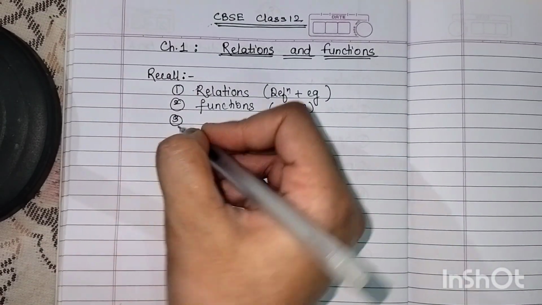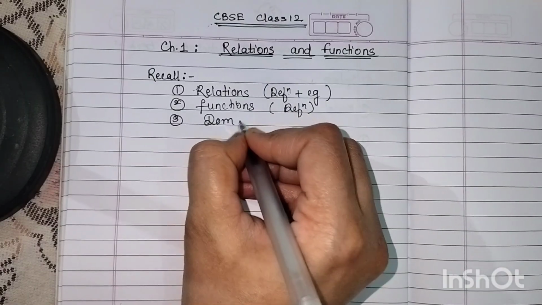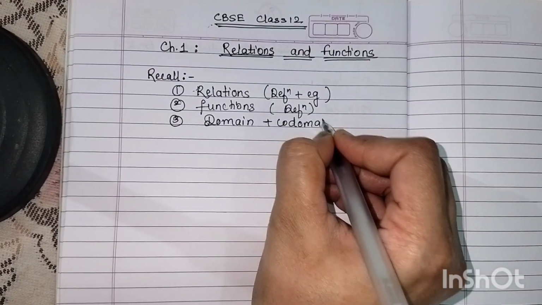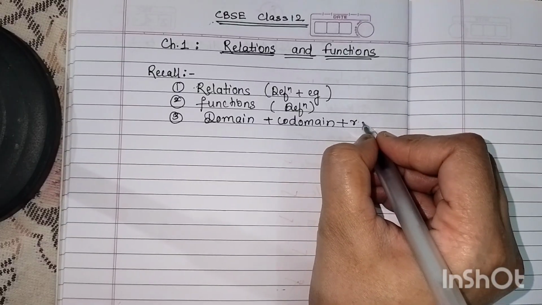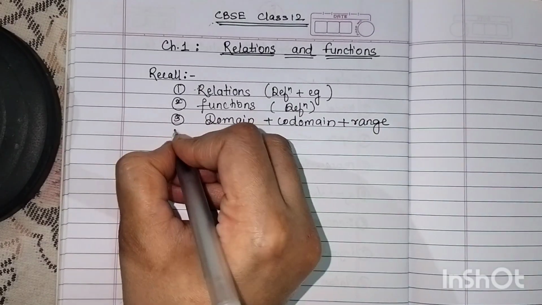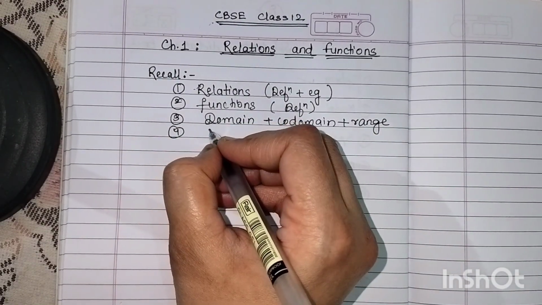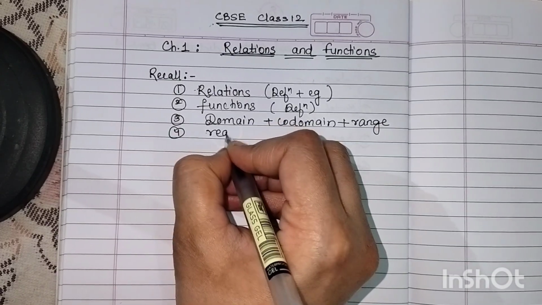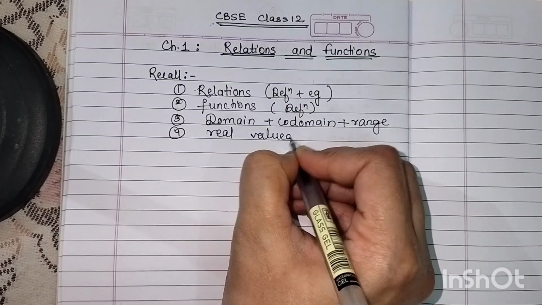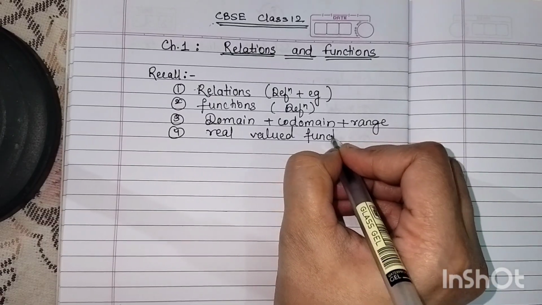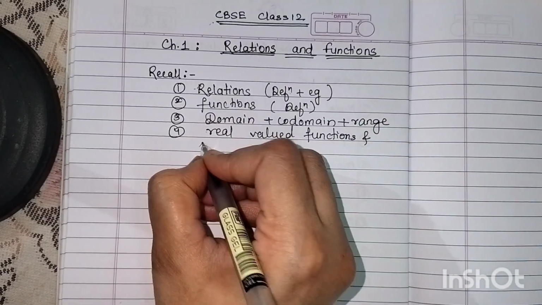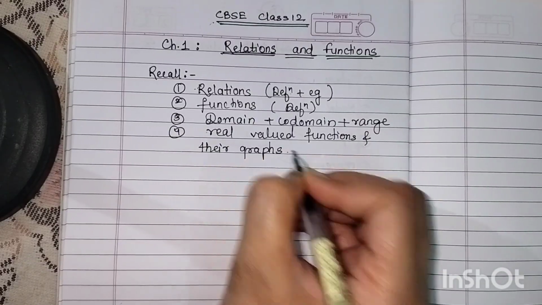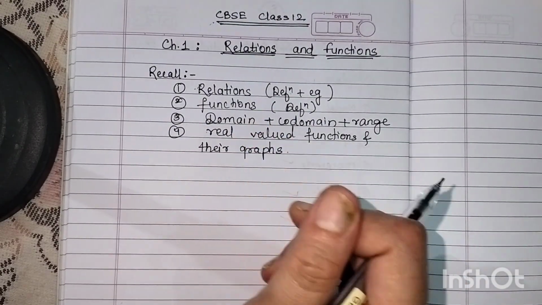Then you have studied about domain and codomain, and you have already studied about range. Then one last topic in that first chapter was real valued function.